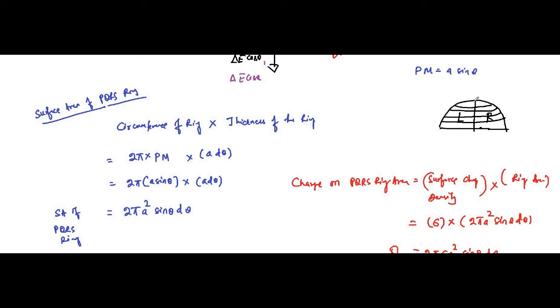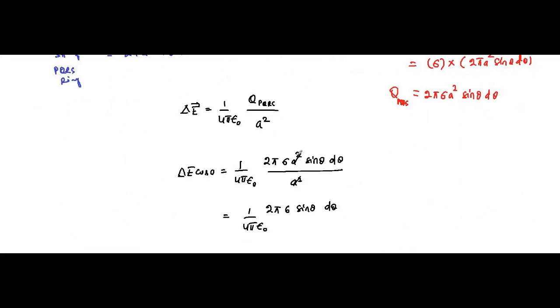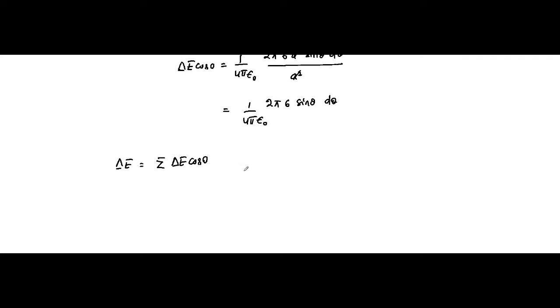So for each half, the limit of integration will be from 0 to 90 degree or pi by 2, because we are considering only half. So when we integrate delta E, it will be the integration of 1 by 4 pi epsilon 0 times 2 pi sigma sin theta d theta from 0 to pi by 2.